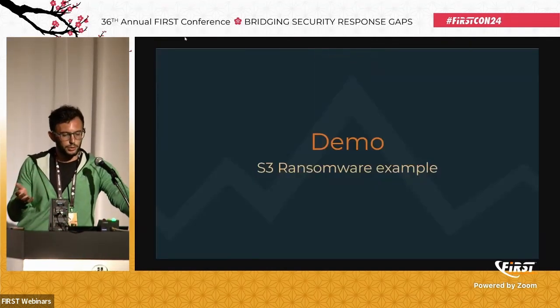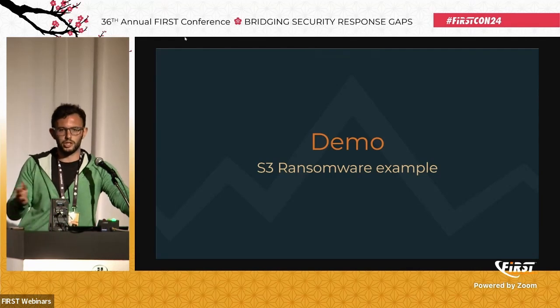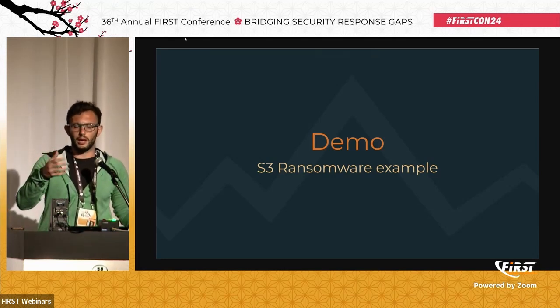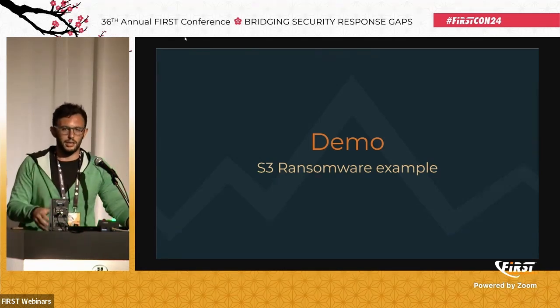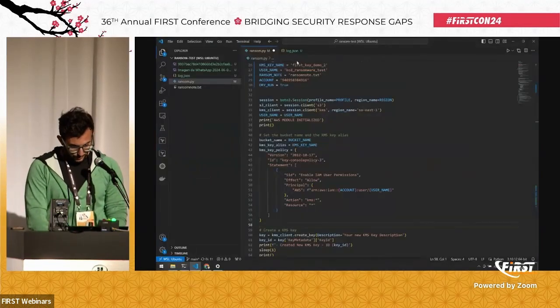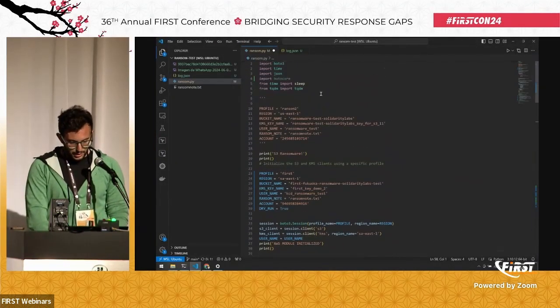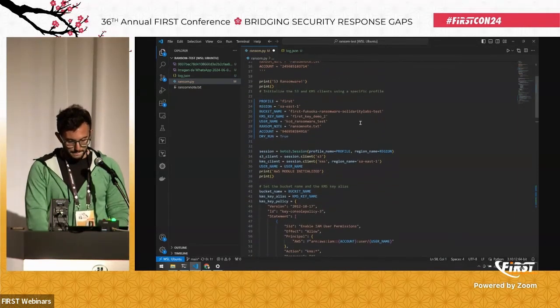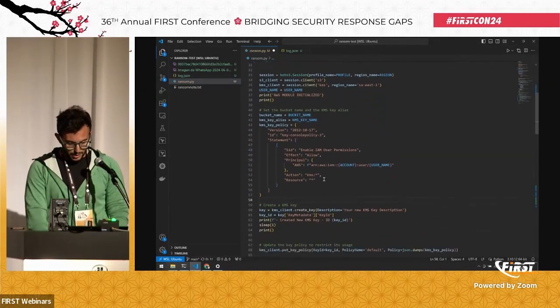What I'm going to show you now, to finish the presentation and especially to have some minutes for question and answer, is a short demo on how the S3 ransomware works. Basically, what we have here is a Python script that creates the policy.